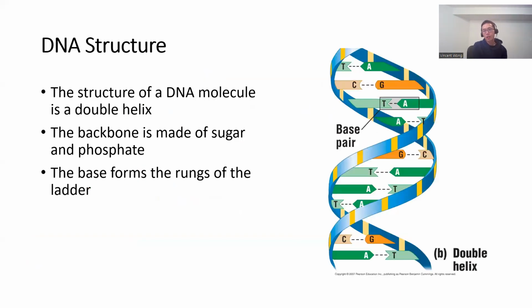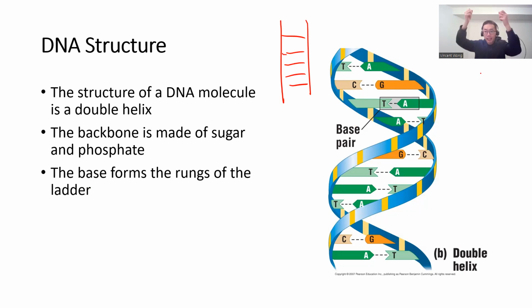The DNA structure is a double helix. It's a double helix, meaning it is going to have 2 strands. Think of a ladder, and then you twist the ladder up. That's what a DNA structure is.